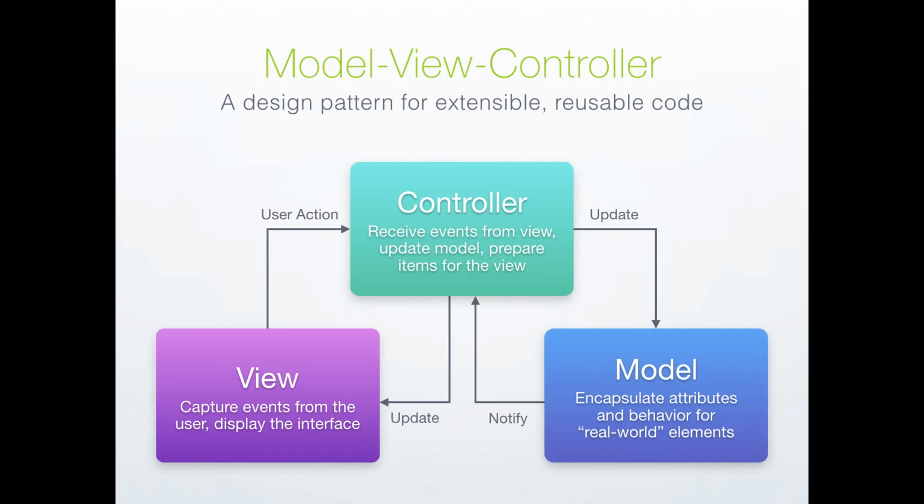And the controller, as you've noticed, is where a lot of the action is. That doesn't necessarily mean a lot of the code, it just handles everything. But because of this, we want to make sure that our view controllers don't become super big, because we want a lot of our logic to stay in the model class.